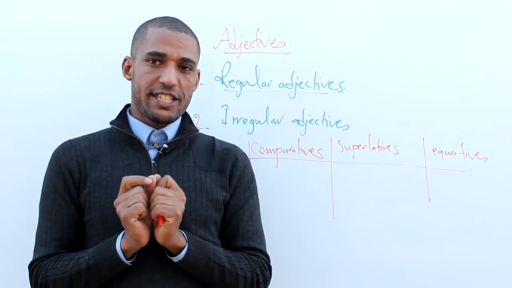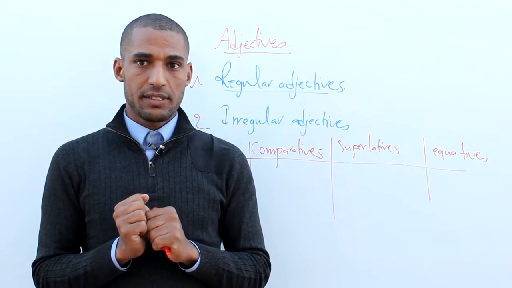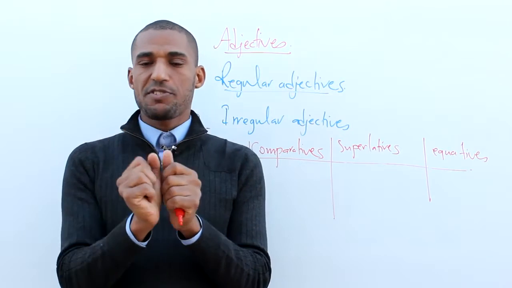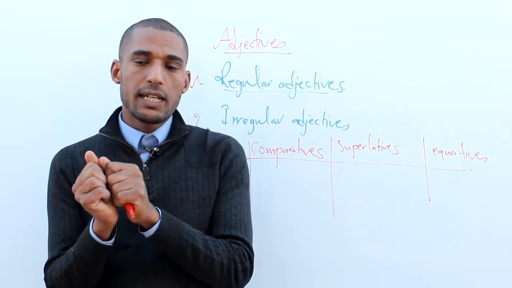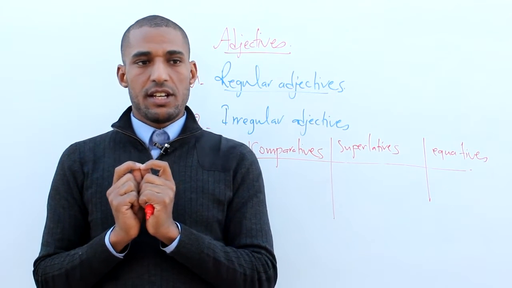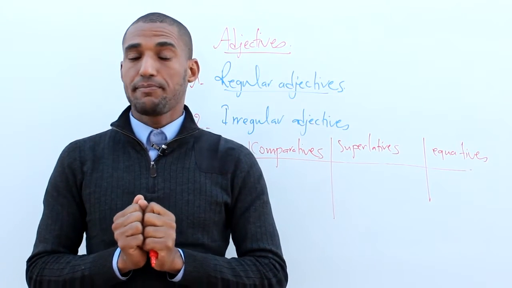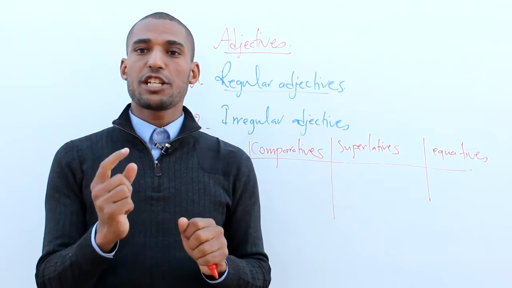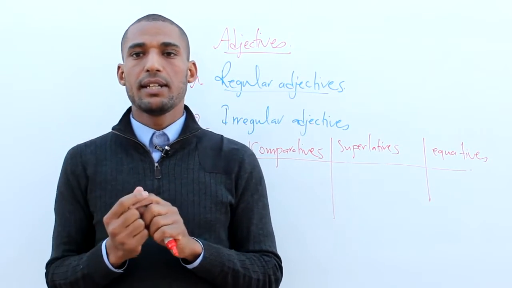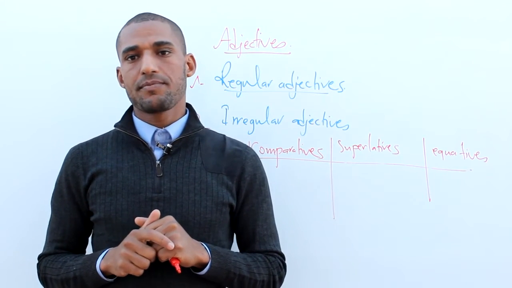We got short adjectives. Adjectives that consist of one syllable. What is a syllable? A syllable is a unit of sound consisting of one vowel with or without surrounding consonants. If we take the example of the adjective big, the adjective big is just one syllable adjective. It consists of one syllable. Big is just one syllable. It is surrounded by one consonant on the left and one on the right.